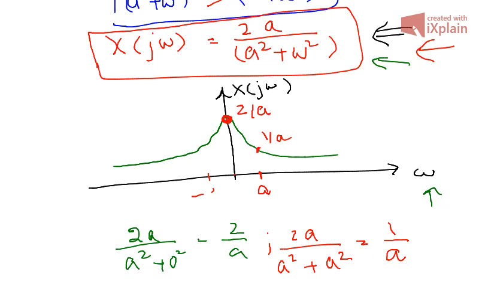And similarly at minus a, if you put minus a in the same expression, it would be minus a square, which is a square. Again you would get 1 over a. So you can find these values immediately on this particular plot, which is growing exponentially and then a decaying one, something like this.